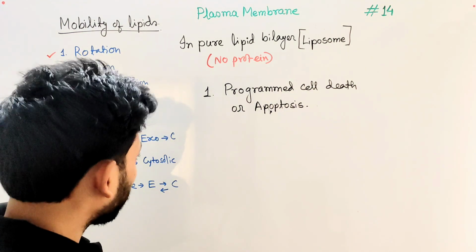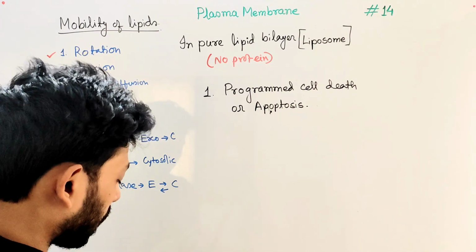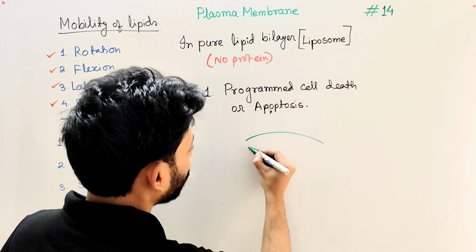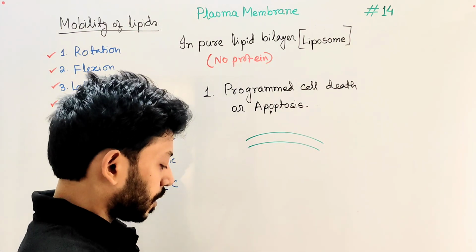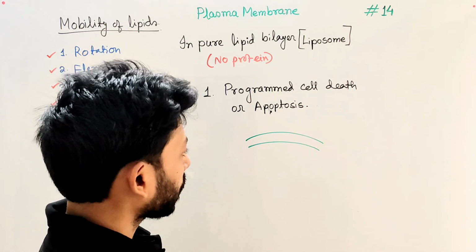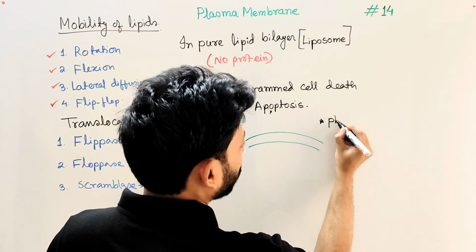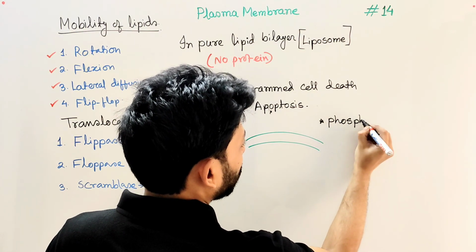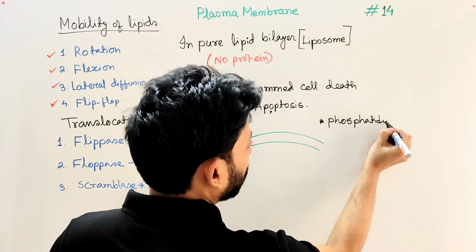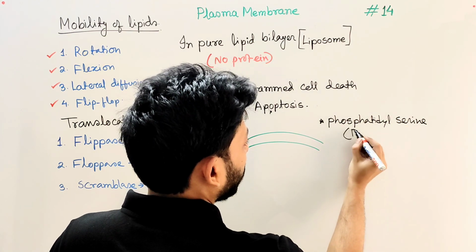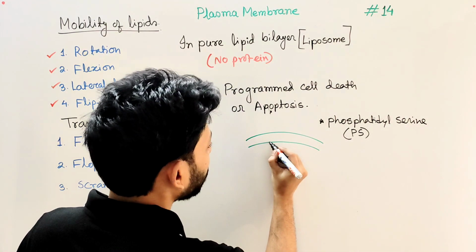What happens during apoptosis? Let's suppose this is the lipid bilayer. One phosphoglyceride is called phosphatidylserine, in short PS.